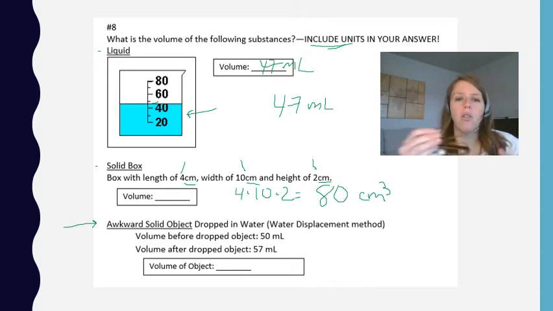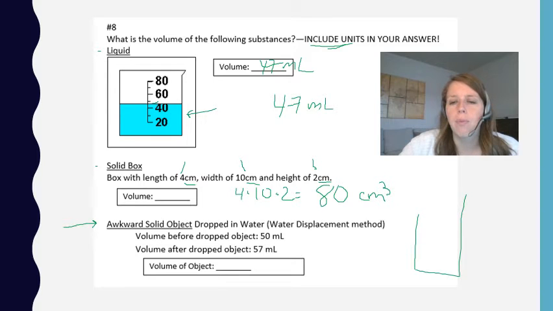It's awkward, right? So what we can actually do is something called water displacement, where I take a cup, or a beaker, something like up top, and I fill it up with water, because it's called water displacement. So let's say I fill it up to 50.